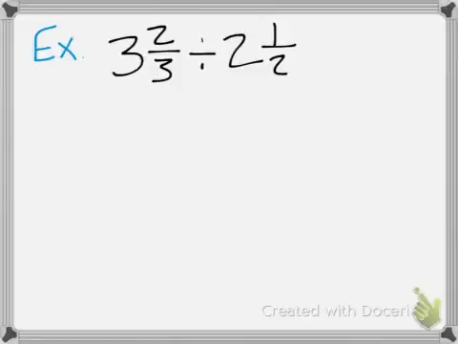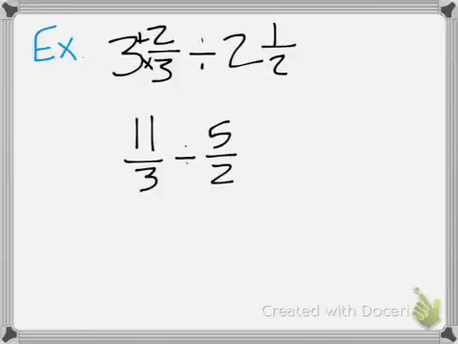So to do this, I'm going to multiply 3 times 3 is 9 plus 2 is going to give me 11/3, divided by 2 times 2 is 4 plus 1 is 5/2. Now I've rewritten the problem as a division problem. My third step is multiplying the first fraction by the reciprocal of the second fraction.